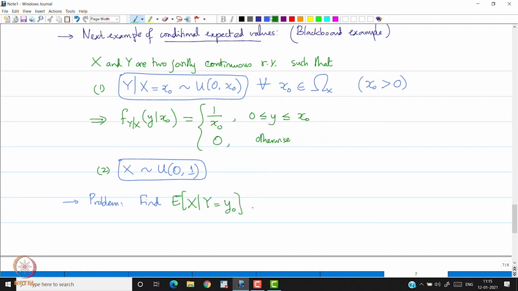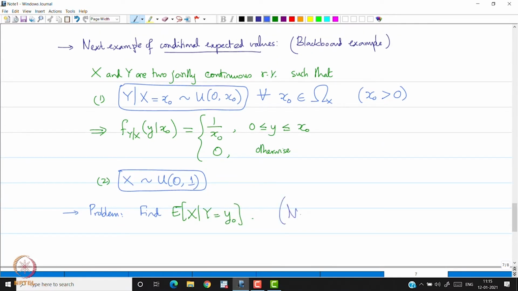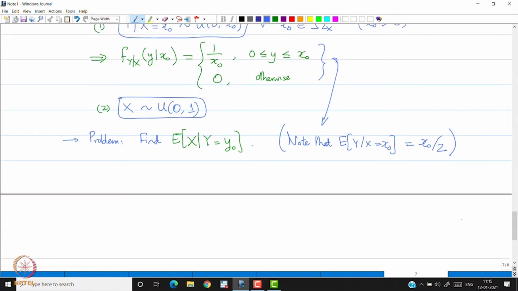We note from this specification that the conditional expectation of Y given X equal to x naught, which was again done on the blackboard, is always going to be x naught divided by 2, irrespective of the distribution of X itself. So you don't need to do any calculations.